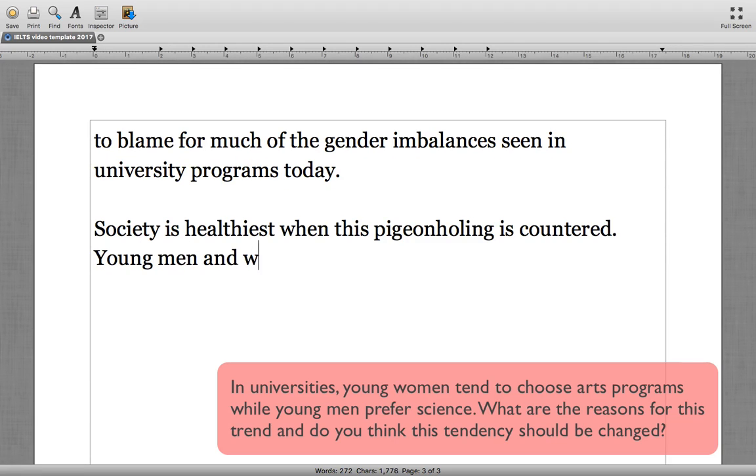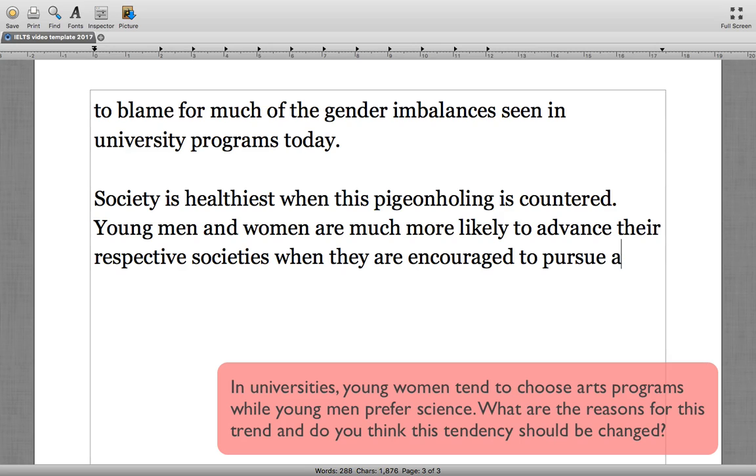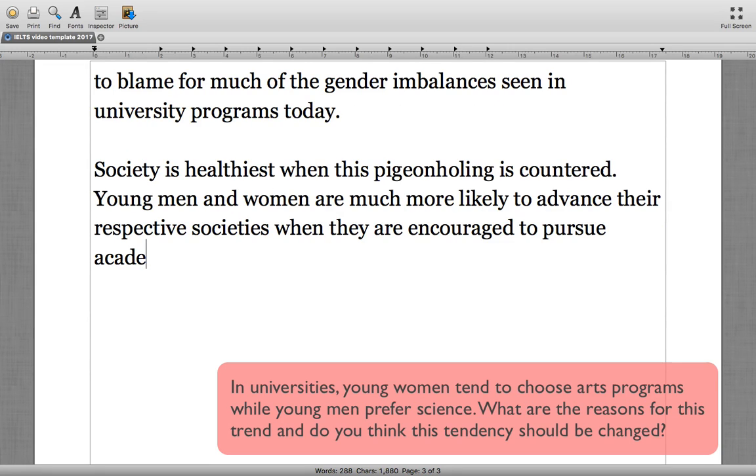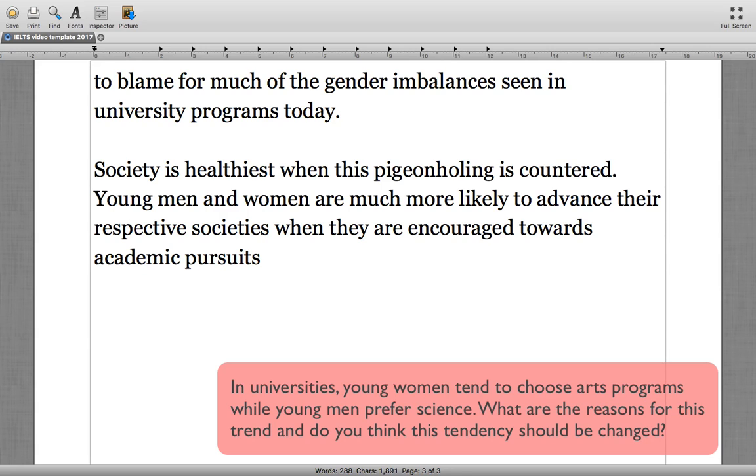Okay, young men and women are much more likely to advance their respective societies when they are encouraged towards academic pursuits in which they have natural talent and interest, let's say.